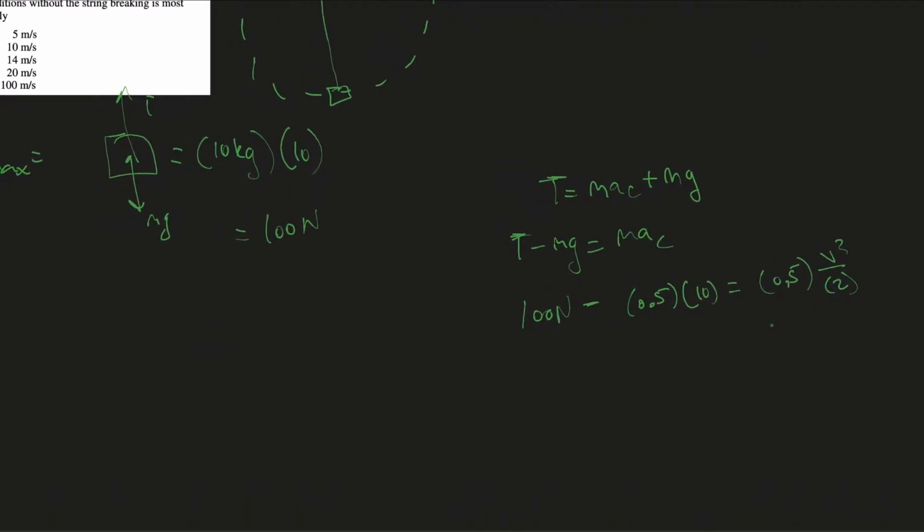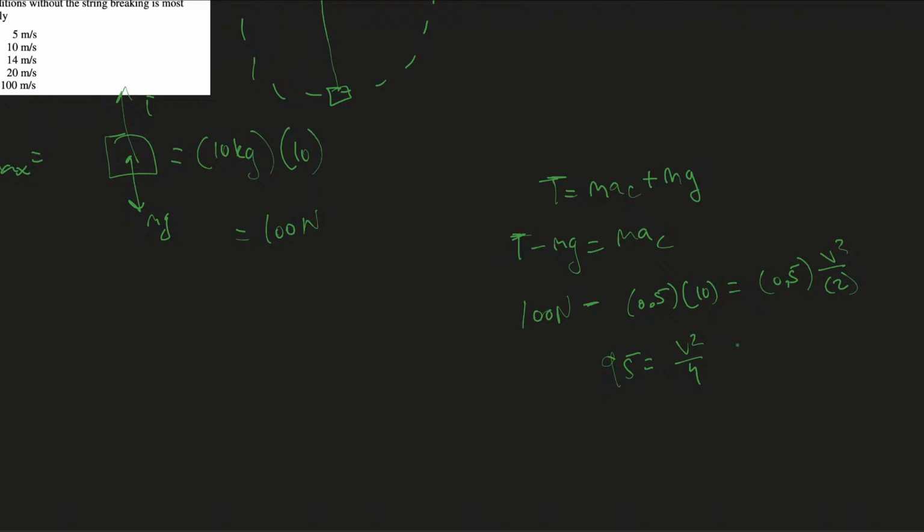So if I just hit the left side, 100 minus 0.5 times 10, 95 is equal to 0.5 divided by 2, which is v squared over 4.